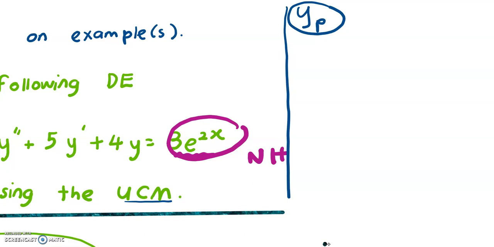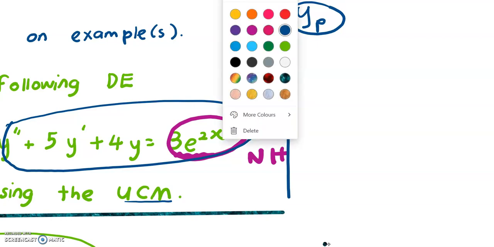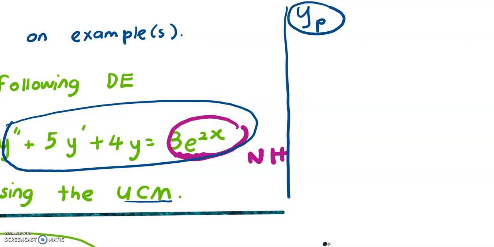It is not the same as what we discussed before. Yp means that we will consider the whole equation, the whole actual question. So the first step to find the yp, of course, you need to check what is your f(x).